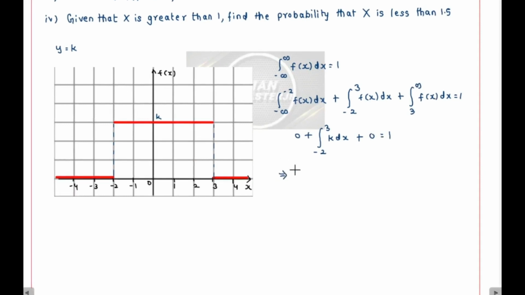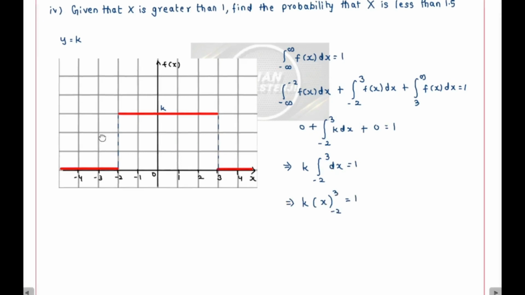So this means if I have to integrate this part, k being a constant, I can take it outside. So it is integration of what? It is integration of 1 with respect to x, correct? So what do I get this as now? This integration will be x, and the limits of x is from -2 to 3, correct?